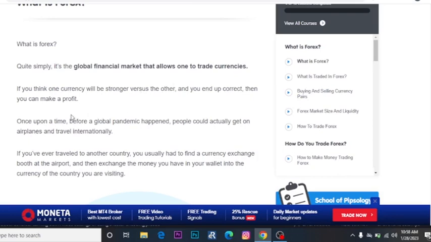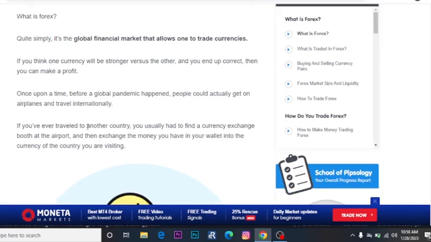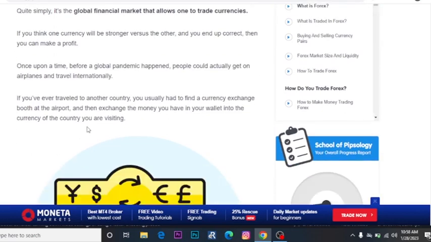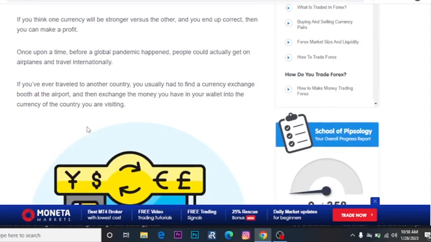Once upon a time, before a global pandemic happened, people could actually get on airplanes and travel internationally. If you've ever traveled to another country, you usually had to find a currency exchange booth at the airport, and then exchange the money you have in your wallet into the currency of the country you are visiting.